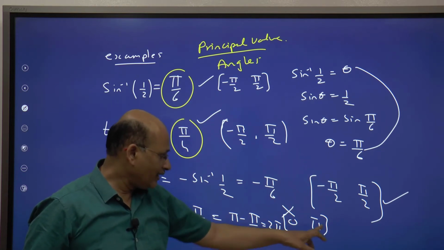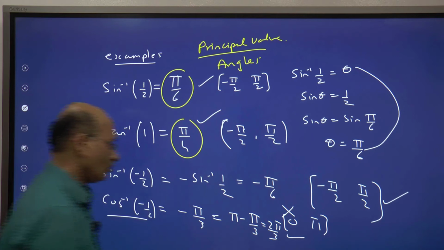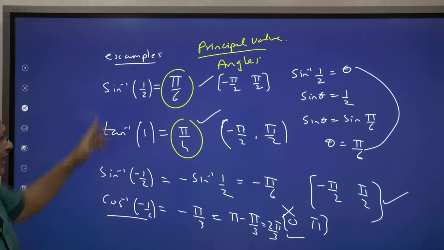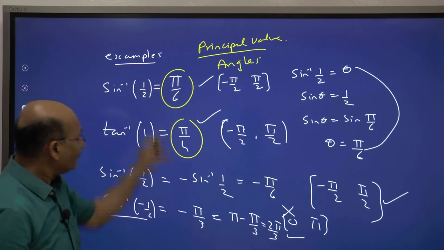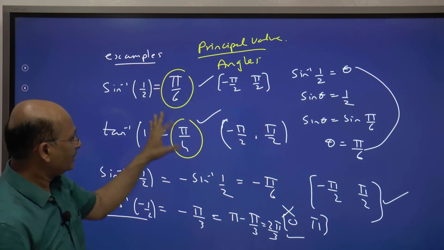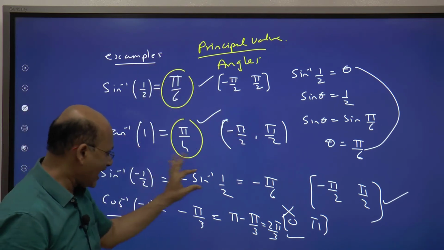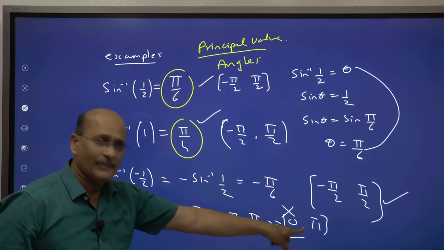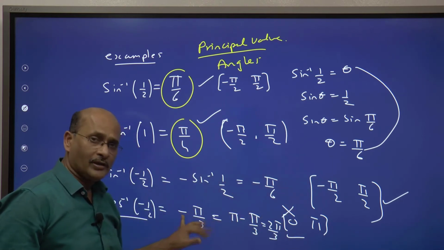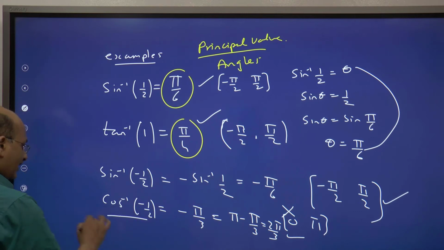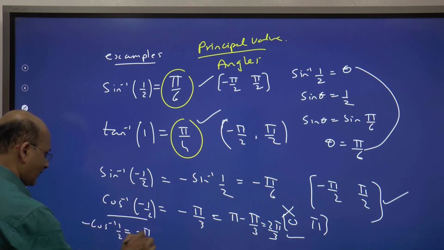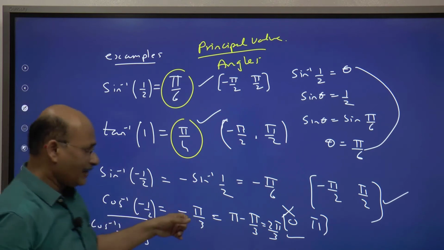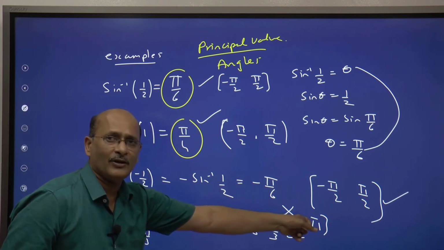So 120 definitely lies between 0 and pi. Understand how these angles come in principal value: this angle is okay, this angle is okay, but this angle does not come in principal value, it's not okay, it is a negative angle. If I take minus cos inverse half, this is minus pi by 3, and minus pi by 3 does not fall in the principal value of cos inverse.